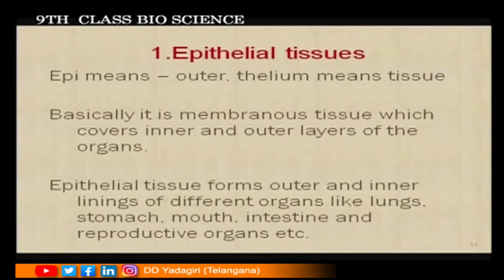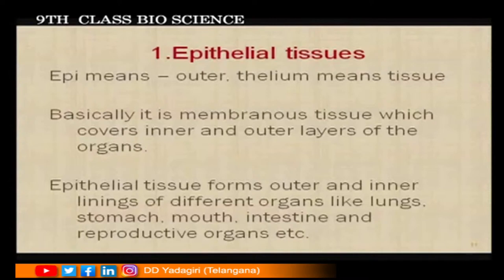Now, let us discuss epithelial tissues in detail. Epithelial means epi, meaning outer, and thelium, meaning tissue. This tissue is basically a membranous tissue which covers the inner and outer layers of the organs.